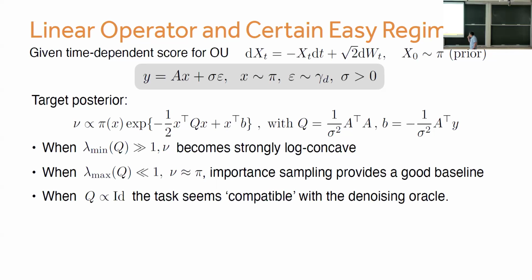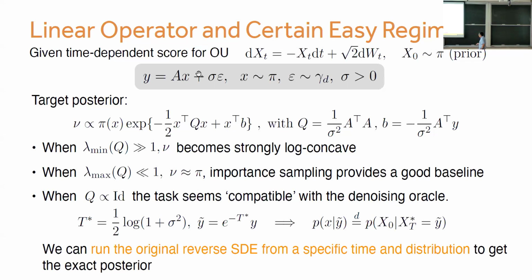So let's first think about a special case. If the matrix Q is proportional to the identity matrix, then this task seems very compatible with our reverse SDE, because in our forward OU process, we are just continually adding different levels of isotropic Gaussian noise.